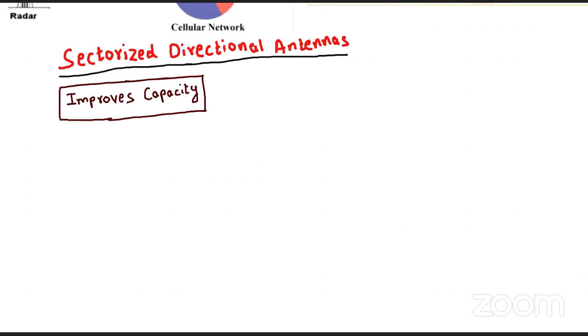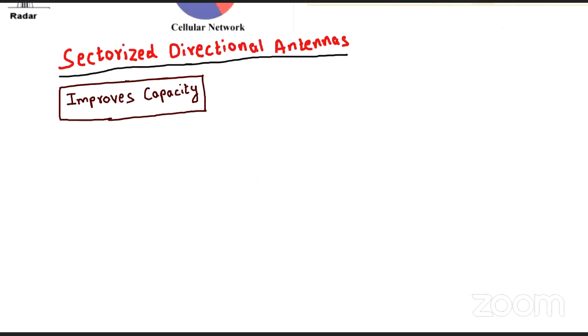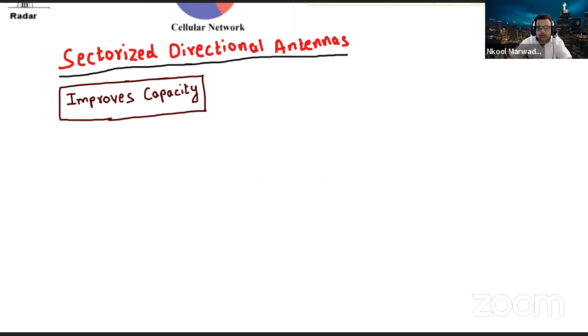Whenever we do cell sectoring, D by R decreases.